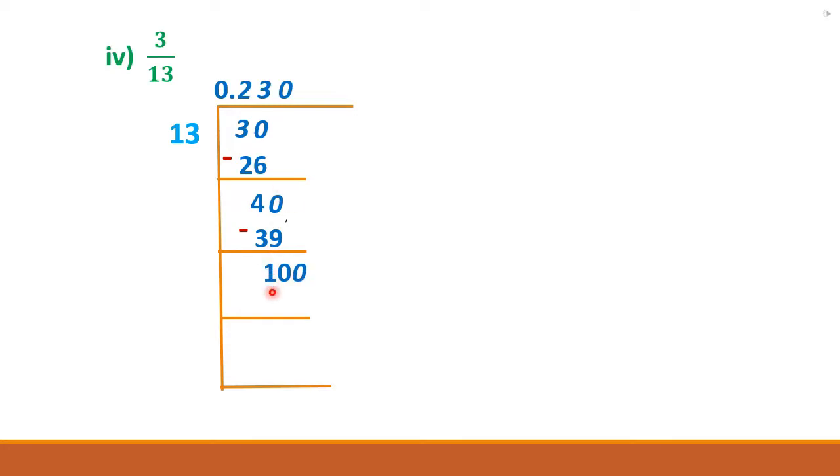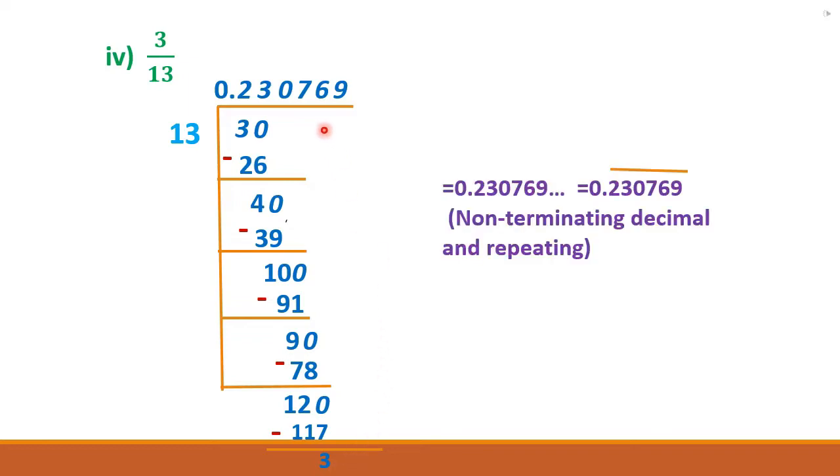Now it is 100. 13 7s are 91. Remainder is 9. Put 0. 13 6s are 78. Remaining 12. We put 0. Now 13 9s are 117. So remainder is 3. As you can see, it is not terminating at all and it is repeating. So it is non-terminating but repeating.